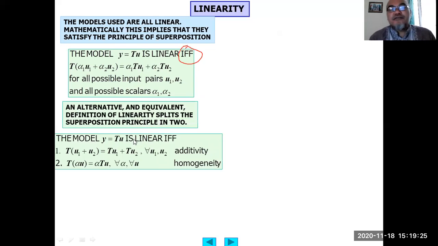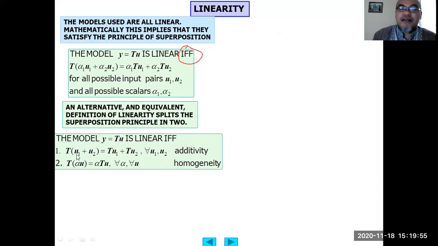An alternative and equivalent definition of linearity splits the superposition principle into two. The model Y equals T U is linear if and only if T of U1 plus U2, with two input values, equals T U1 plus T U2. This is the principle of additivity, for all possible inputs U1 and U2.